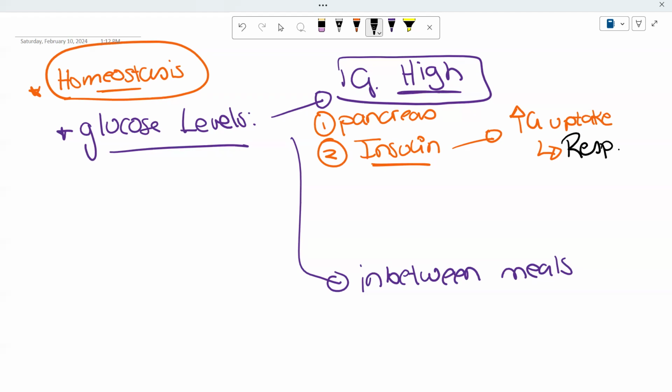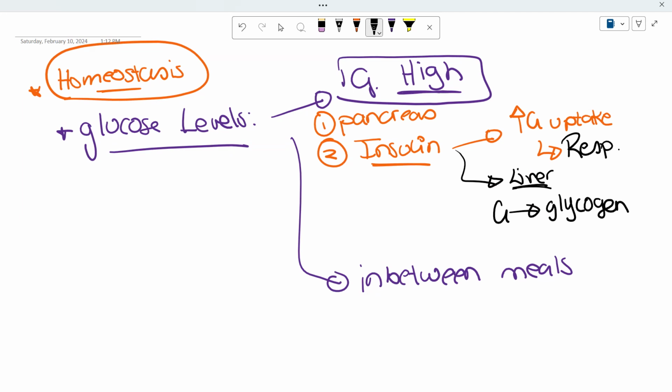This is too much. We are not going to burn it all in respiration. It will go to the liver cells, and activate the enzymes in the liver and tell the liver, please take this excess glucose and store it as glycogen. And we have to store it as glycogen because it is insoluble in water, and glycogen is not reactive, and it will not change the water potential inside the cell.